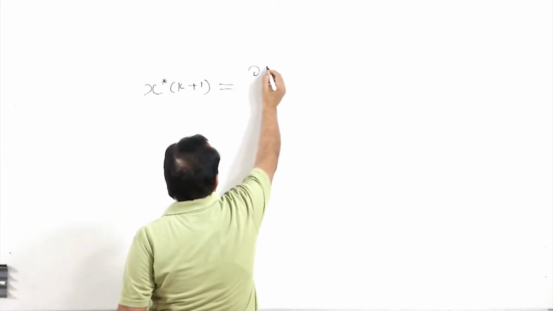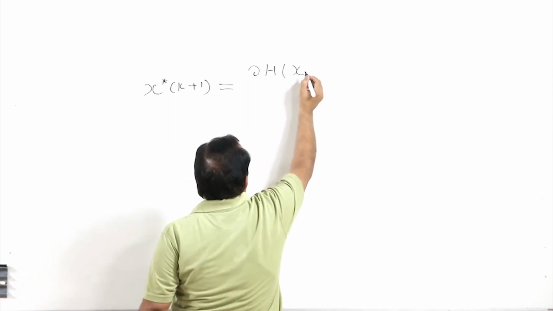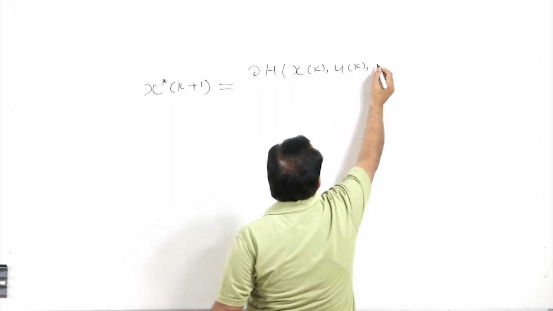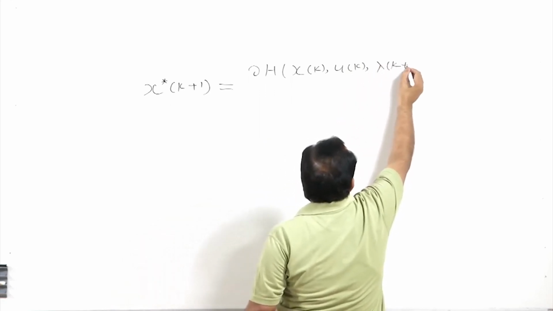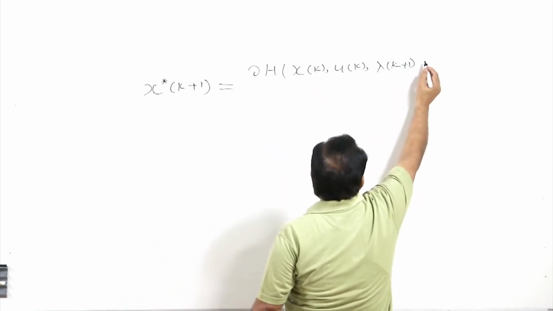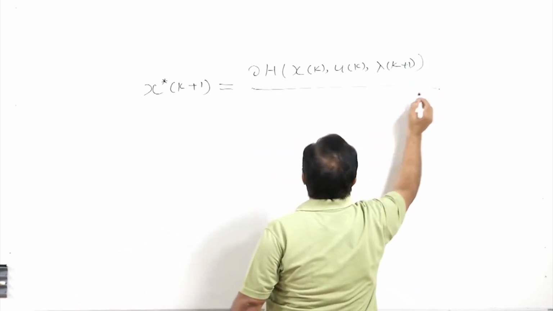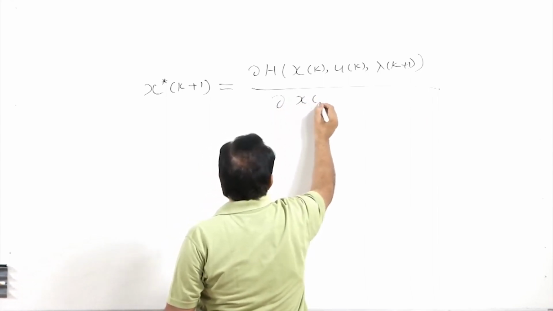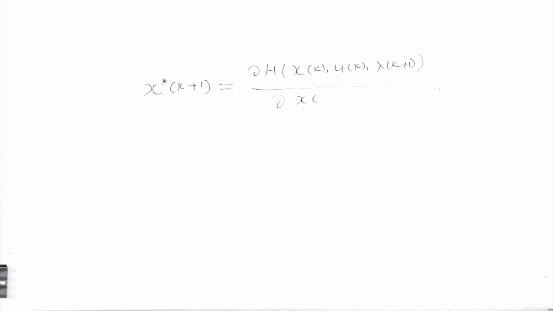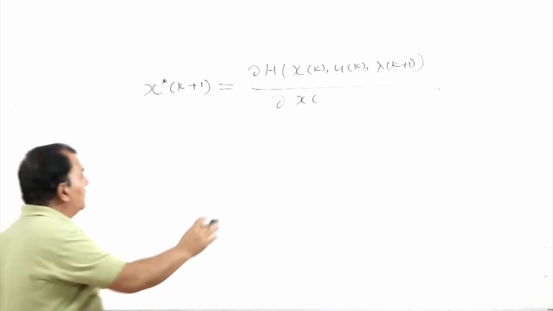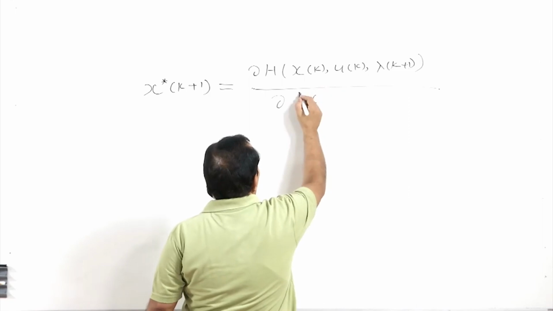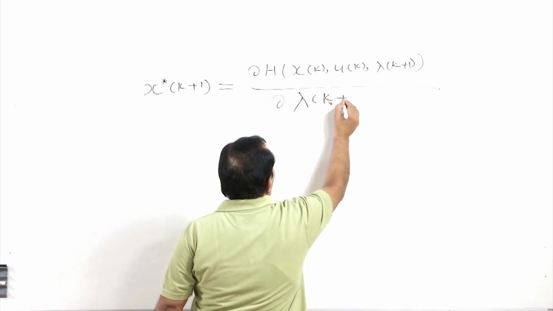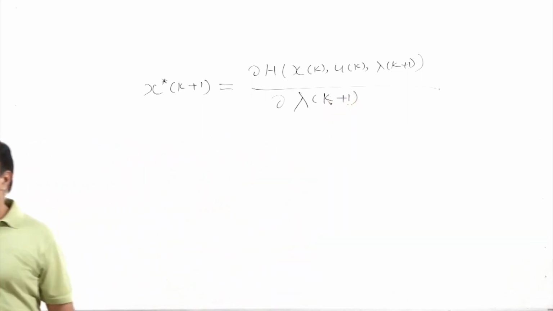This is delta h. Now, this will be a function of x k, u k, lambda k plus 1. So my h is similar in all three equations, control, delta x, because we have made it k plus 1. Here I am differentiating with respect to lambda k plus 1.